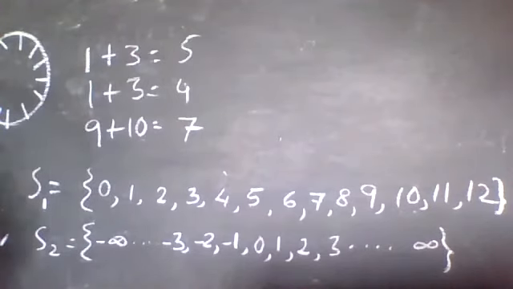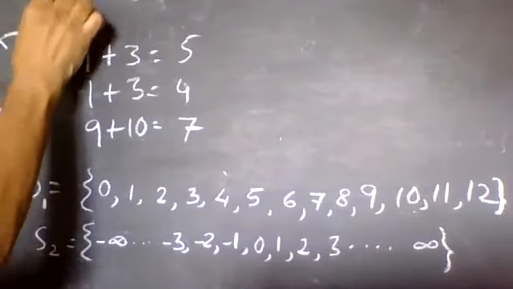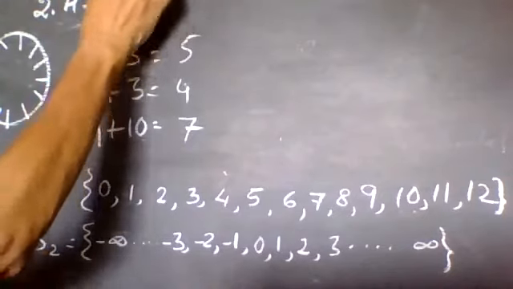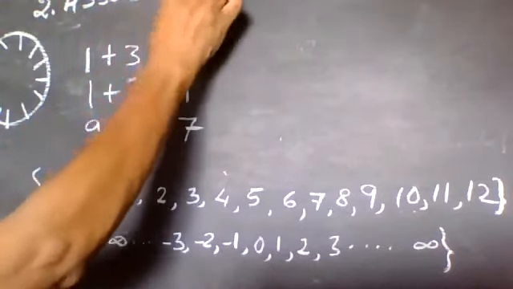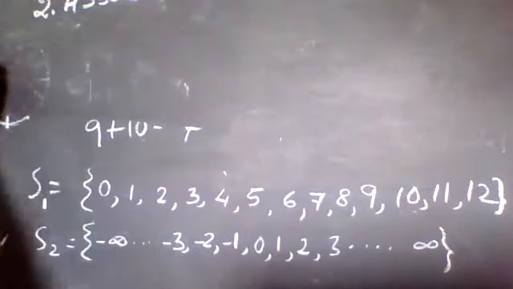Now we will have our next relation. This relation is known as the associativity. Now what is that rule?